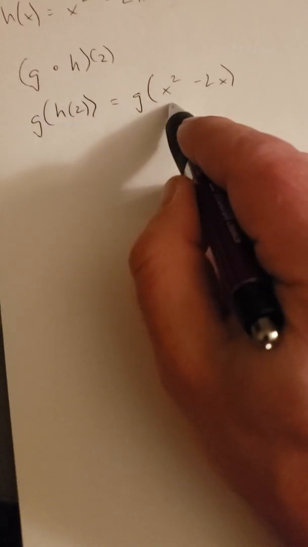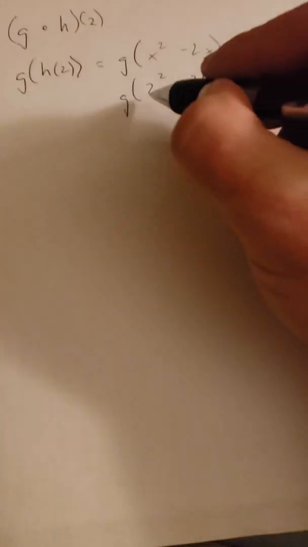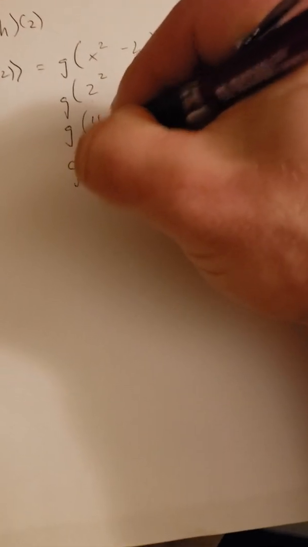The 2 is going to go in place of the x. So g, 2 squared minus 2 times 2. 2 squared is 4, minus 4. And I still have to work the function g. 4 minus 4, g of 0.